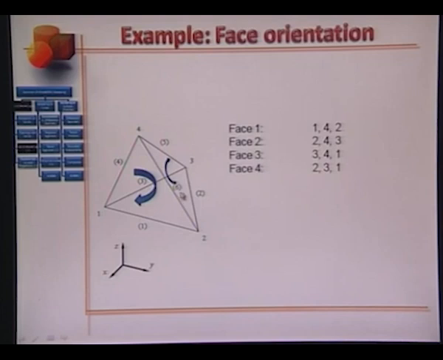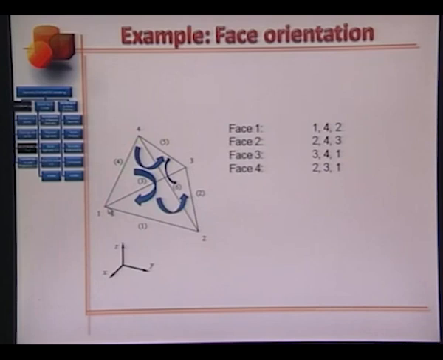Consider face 3, 4, 1 to be the rear face and orient it counterclockwise like this. Once again, if you use your right hand, have your thumb pointing outwards, curl your fingers, you would notice that the thumb would be pointing into the tetrahedron.